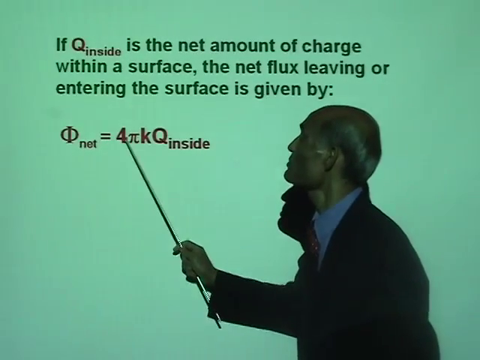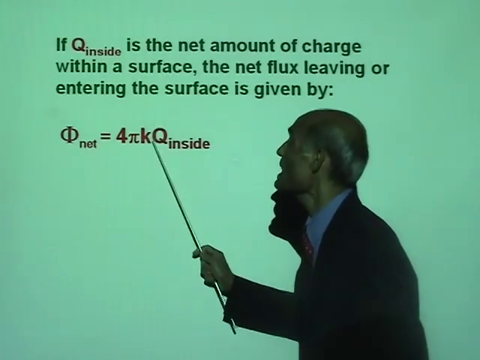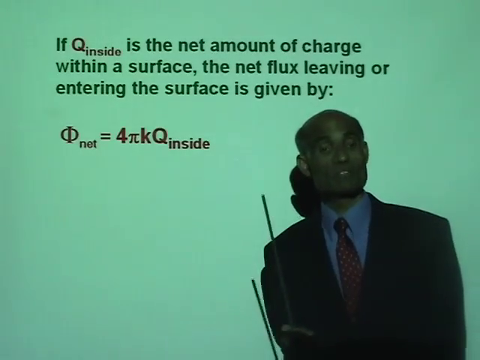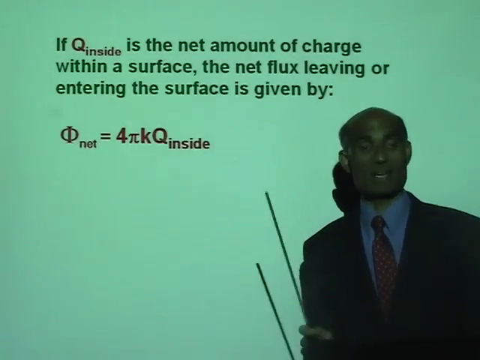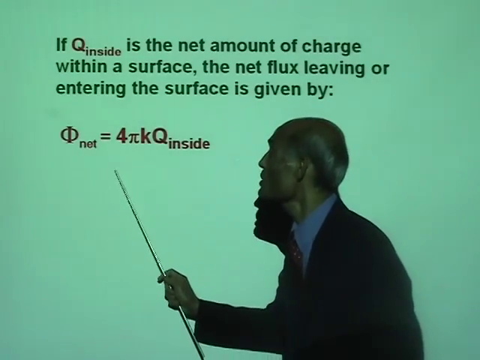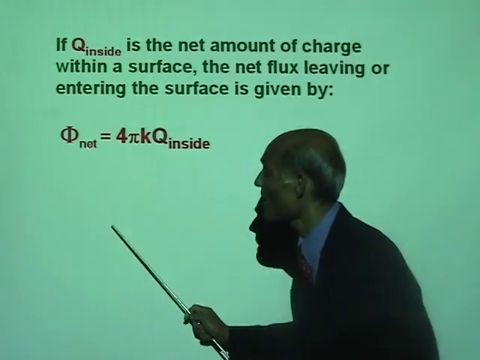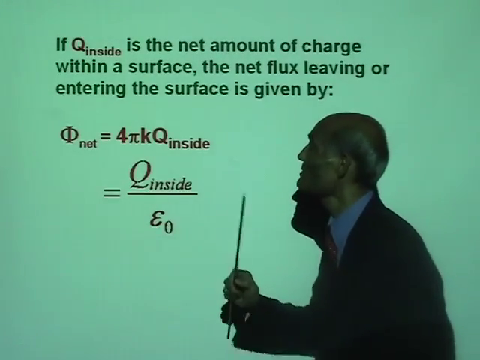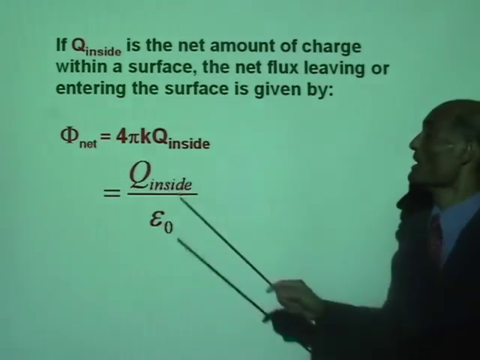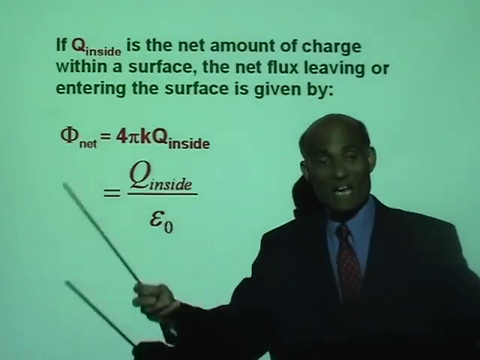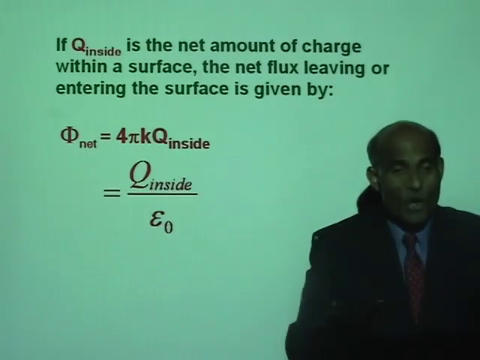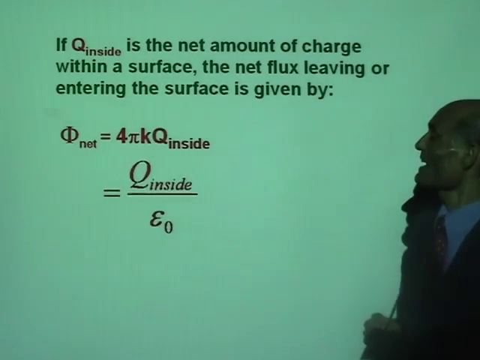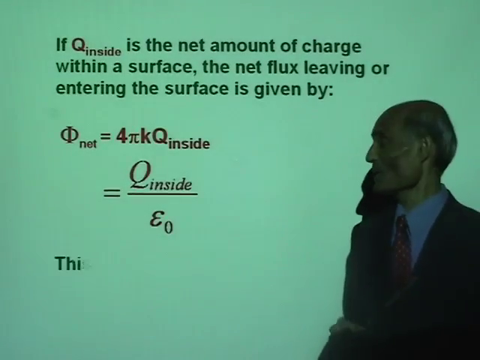Phi net equal to 4 pi k q inside. That's the same expression we derived in the last slide. Or this will be q inside divided by epsilon naught. The net flux either entering a surface or leaving a surface is equal to q inside divided by epsilon naught.